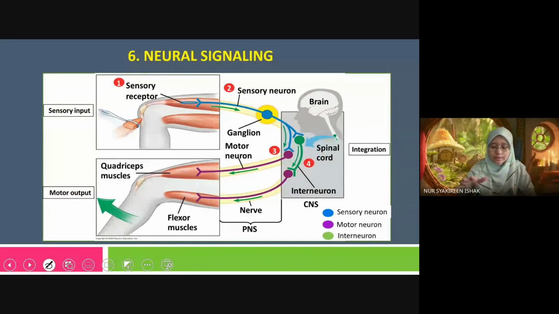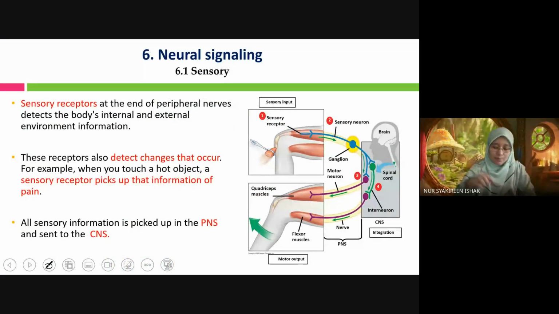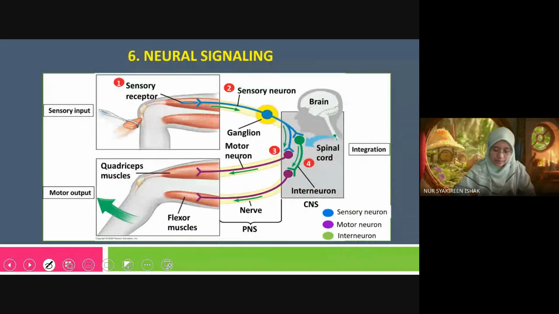If we look at this diagram here, this is where you can see a reflex, when you hit your knee at the kneecap, and below the kneecap there is a tendon.